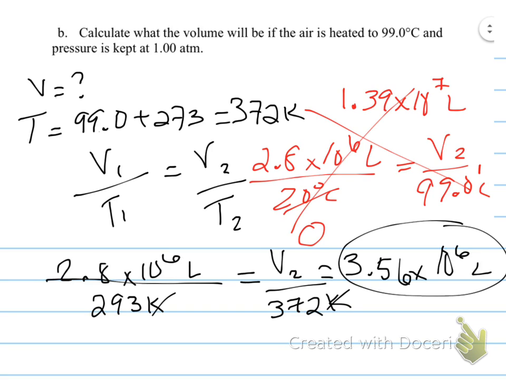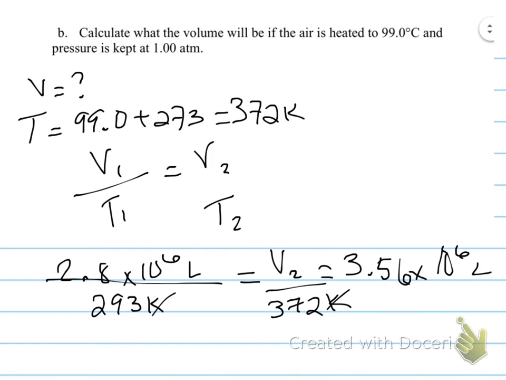Okay. Now there's other ways to solve the same thing. You might use what we call the combined gas law and just assume some pressure. So the combined gas law looks like this. It accounts for pressure, temperature, and volume changing. Okay. It's really the ideal gas law, just rewritten, because we know the moles aren't changing and the R doesn't change, so they kind of cancel each other out.